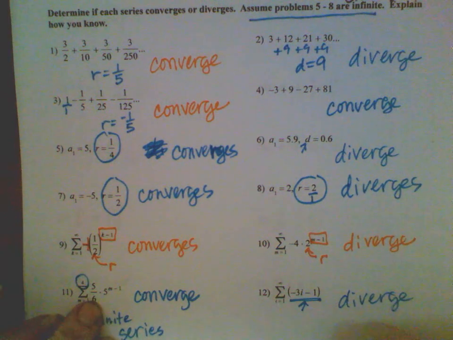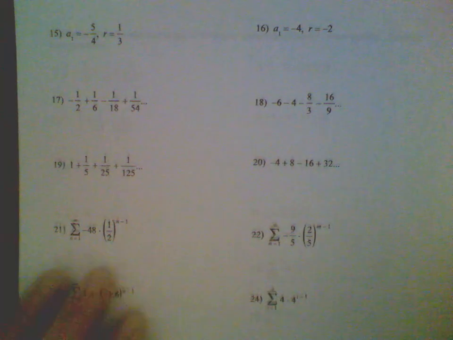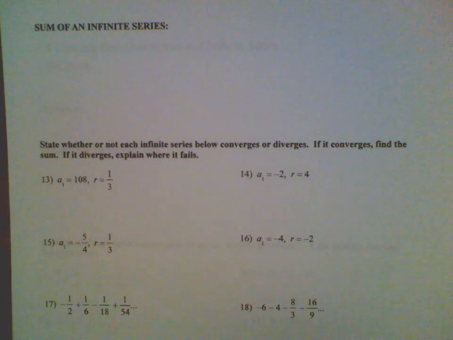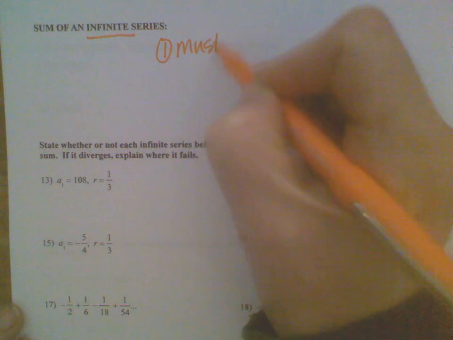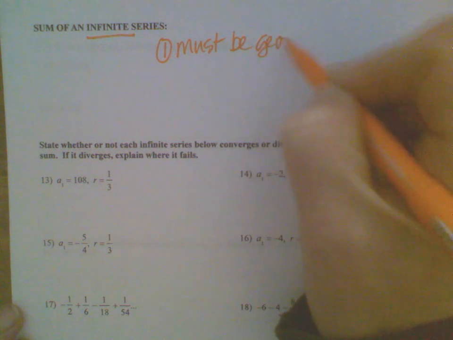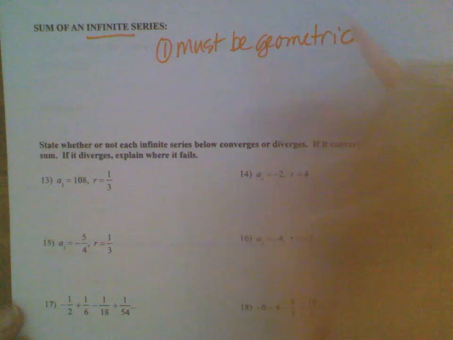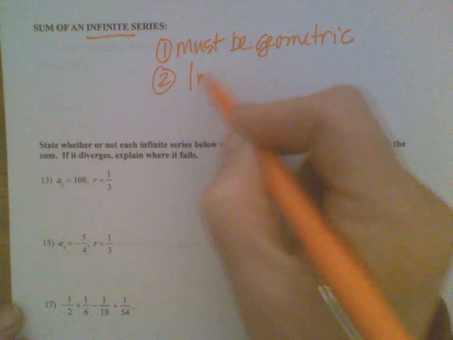So that brings me to our next page, where we're actually going to find the sum. And so the sum of an infinite series. Well, we talked on the other page, if it is in fact infinite, in order for it to have a sum, number 1, it must be geometric. And then 2, once we know it's geometric, absolute r has to be less than 1.